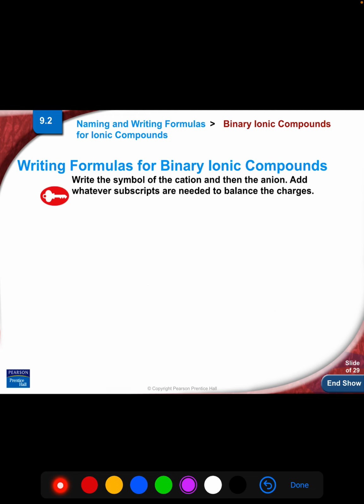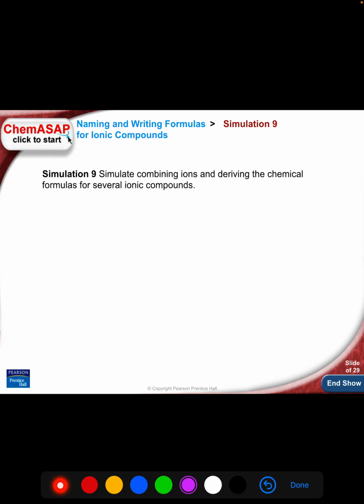Now, when we write these formulas, we write the symbol for the cation and then the anion, like we just did, and we use subscripts to balance the charges, so we end up with an overall net charge of 0.